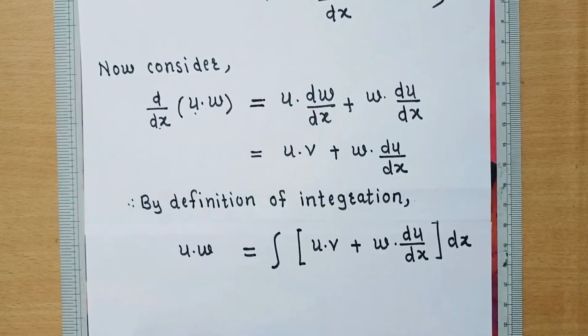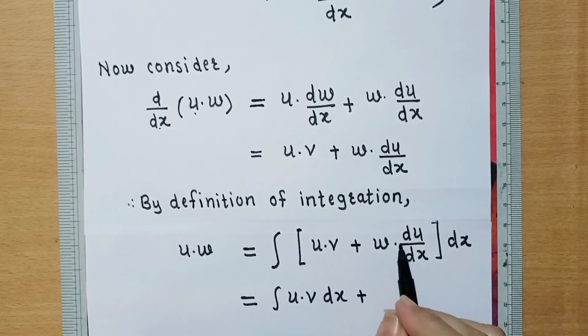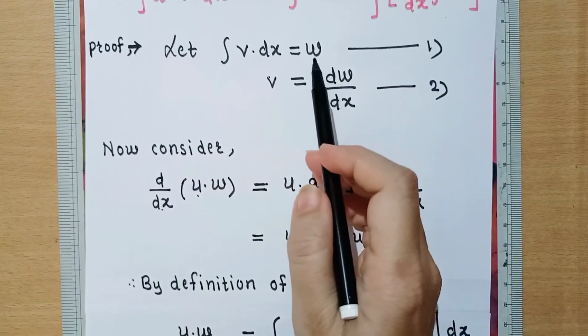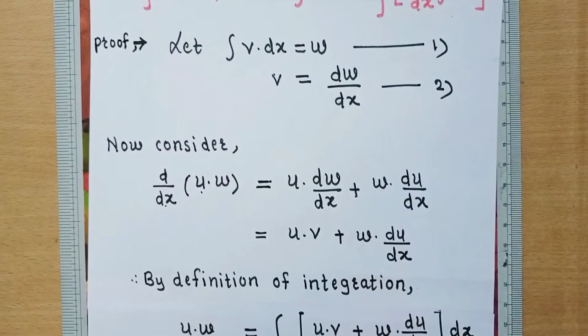Since there are two terms, we write the integration symbol separately: the integral of u dot v dx plus the integral of this other term dx. Now w means, by equation 1, the integral of v dx.